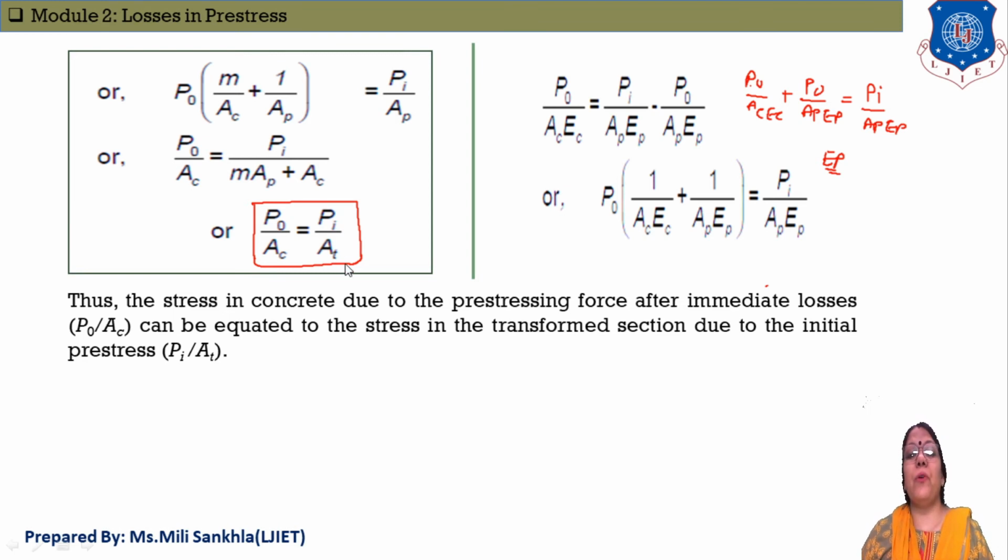AT is equal to our area of transformed section. Stress is transferred from one material to another material. This area of transformed section is calculated with respect to the initial prestressing force.